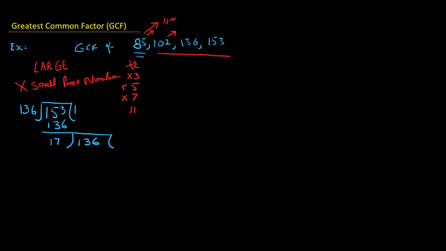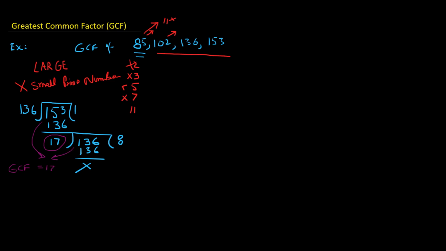And now it goes 8 times, 136, and nothing is the remainder. So it means that this 17 is the GCF, or the greatest common factor between these two numbers, between 153 and 136. The GCF is 17 between these two numbers, because 17 is divisible by both of these numbers.